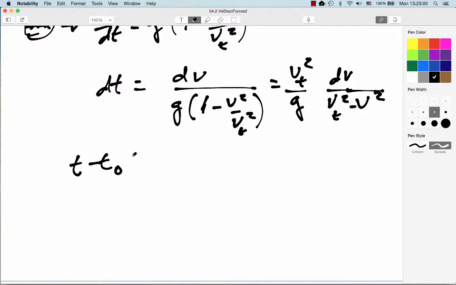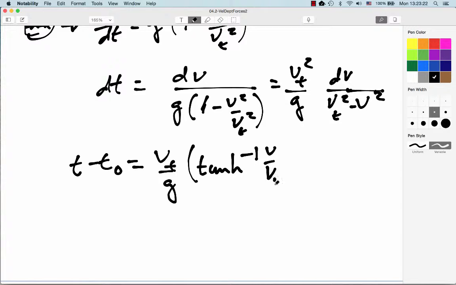And I'll just say the easiest way to do this integral, frankly, is just to look it up. And when you do, you get Vt over g equals the inverse arctangent of V over Vt minus the arctangent of V naught over Vt.